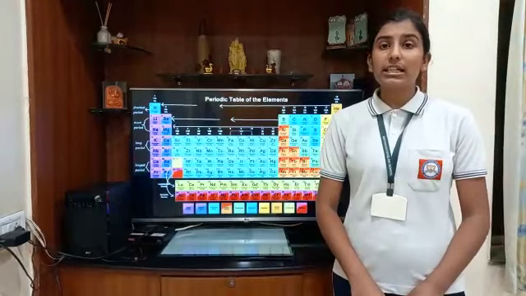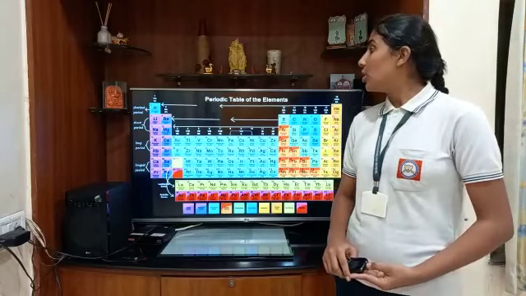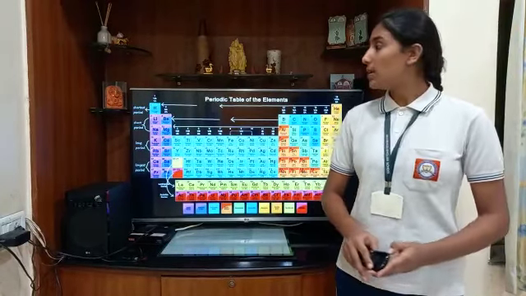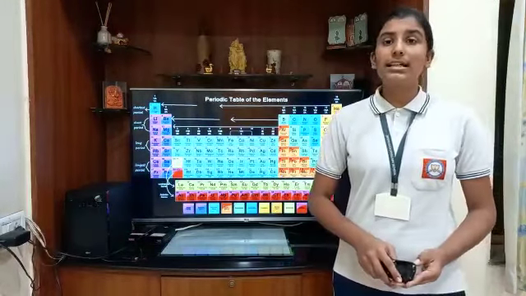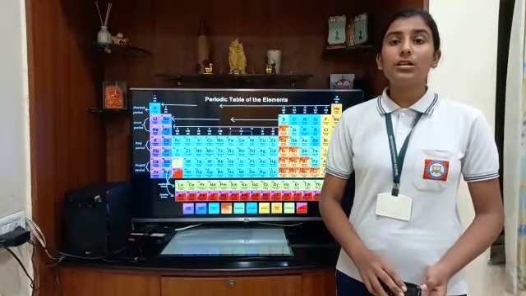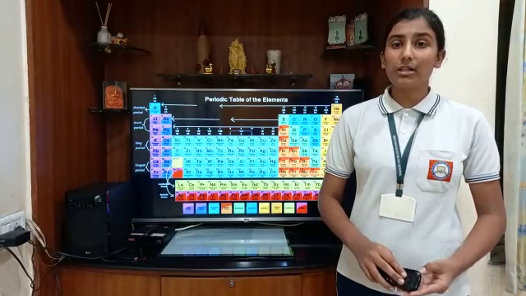The periods we studied before are grouped into 4 categories on the basis of the elements they possess. Like the first period is called the shortest period because it consists of only 2 elements, that is hydrogen and helium.